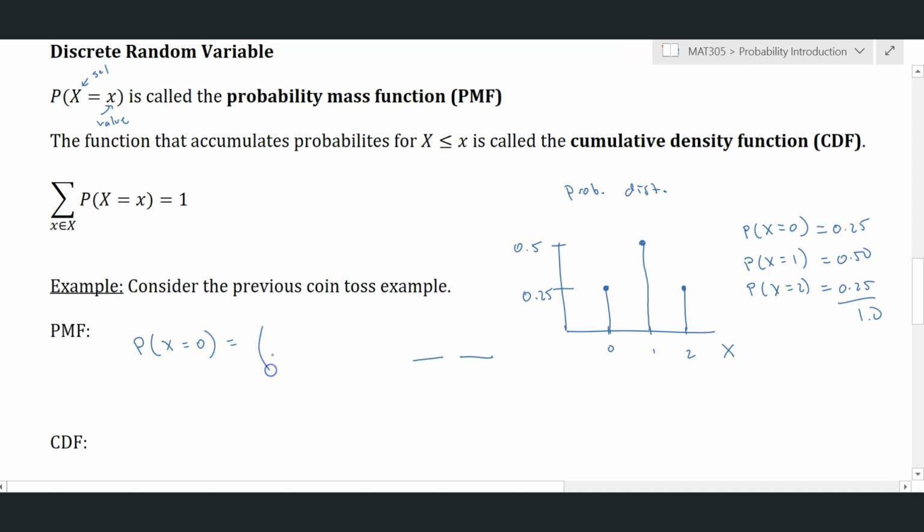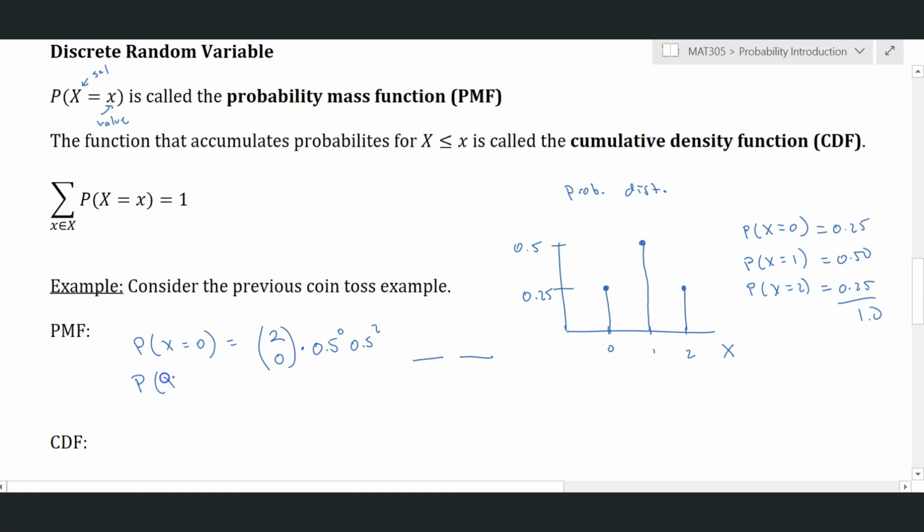Well, that's a combination, and so we want to ask, if I have 2 slots, how many ways can I pick 0 of them into which to put a head? And the probability of getting 0 heads is 0.5 to the 0, but then that means that I would need 2 tails, which would be 0.5 squared. And so this would give me the probability that x is equal to 0.